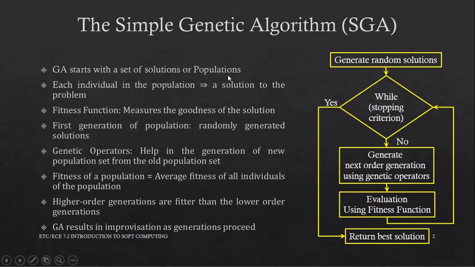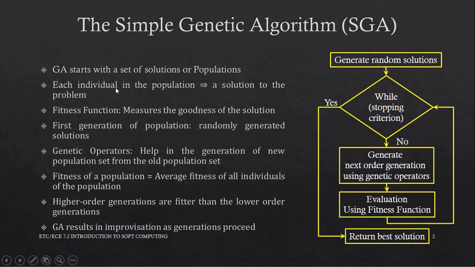Each individual in the population set represents a solution to the problem. The nature of the solution, however, varies. Some solutions may be very good, while some might be bad or very bad. The goodness of the solution varies from individual to individual within the population.